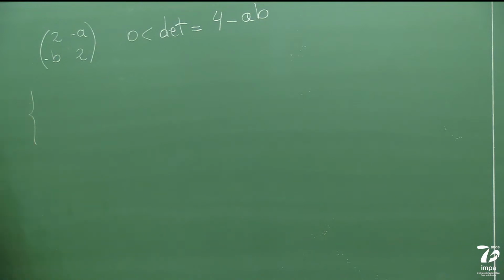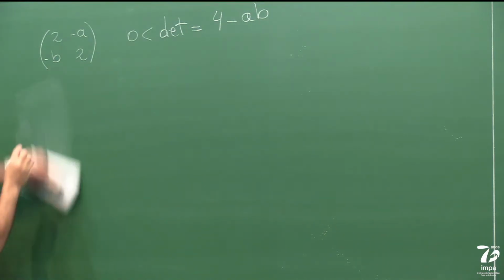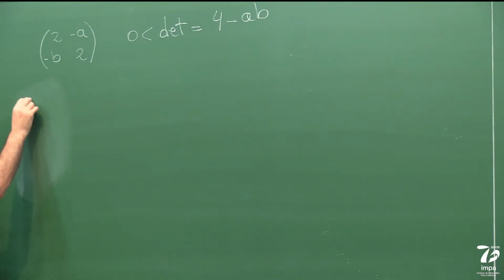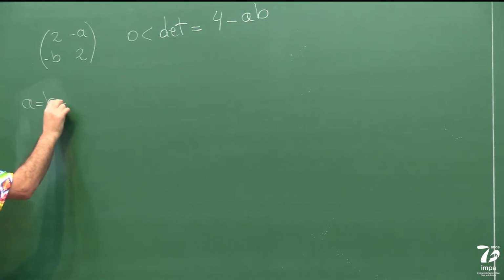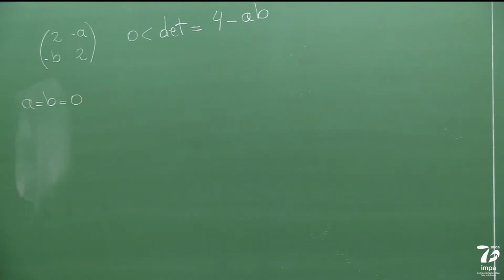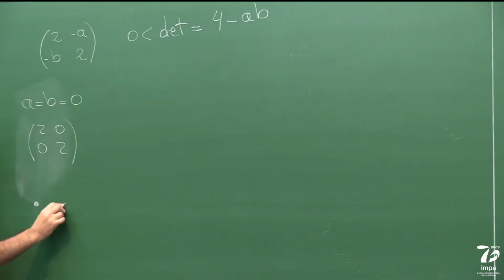So the options are, A and B are equal to 0, both of them. In this case, the determinant is 4. And in this case, the matrix looks like this. And the Dynkin diagram looks like this. And it's not connected.